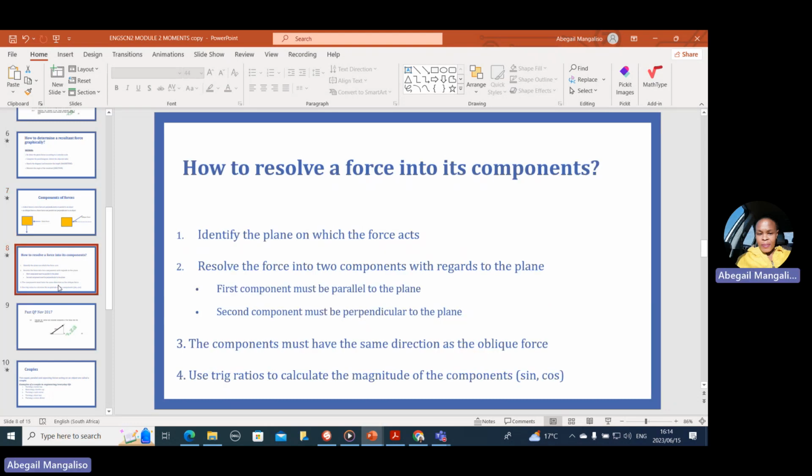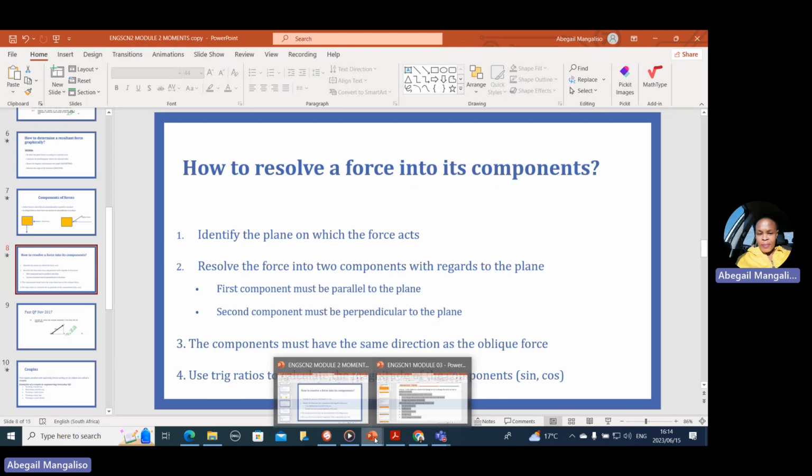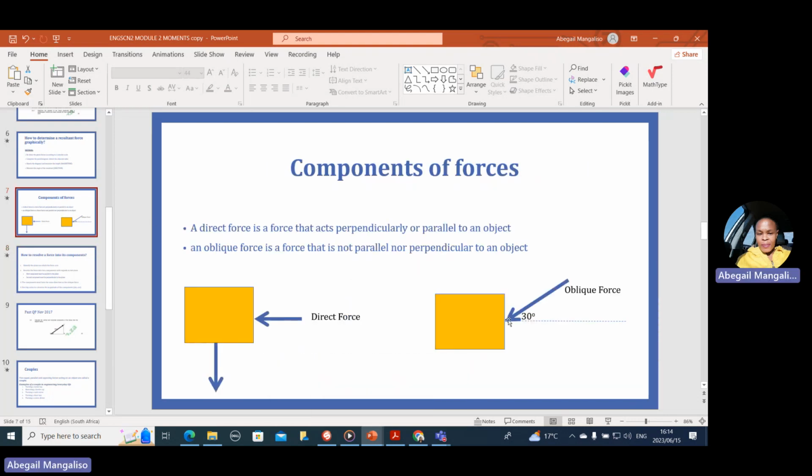Go back to that. The component must have the same direction as the oblique force. Now, you cannot resolve a force that is pushing down and you end up with this component upward.